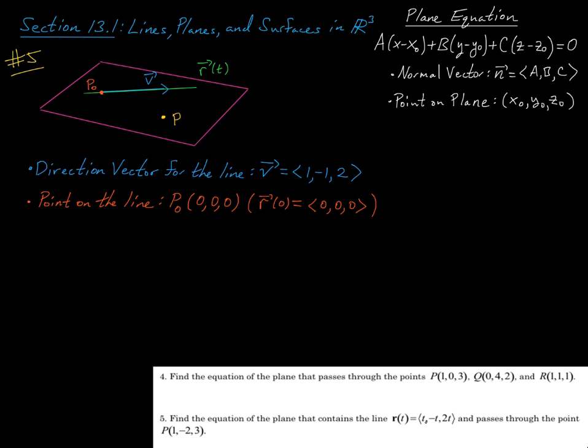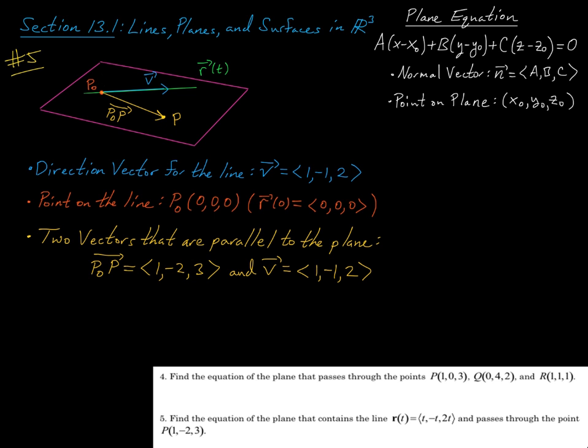Well, I just use this vector equation that describes all points on the line, right? So if I, in particular, plug 0 in for the parameter t, this gives me the position vector (0, 0, 0), which in turn implies that this point P0, which is really just the origin, lies on this line. And now what I'm going to do is form this vector P0P.